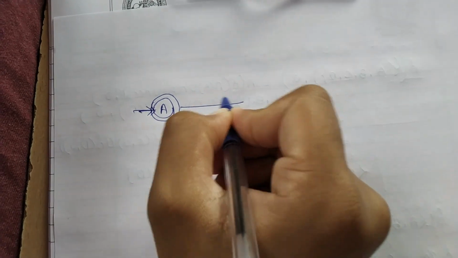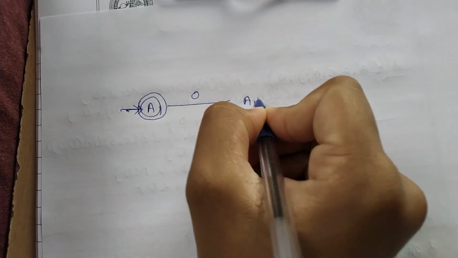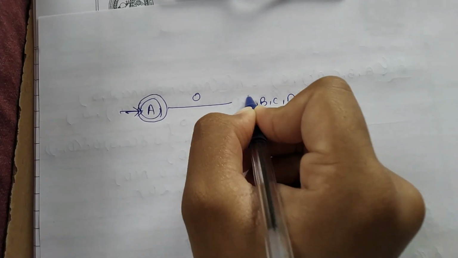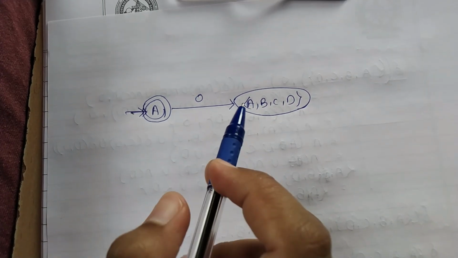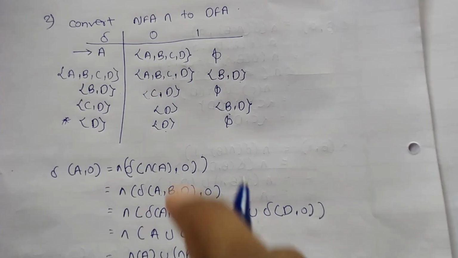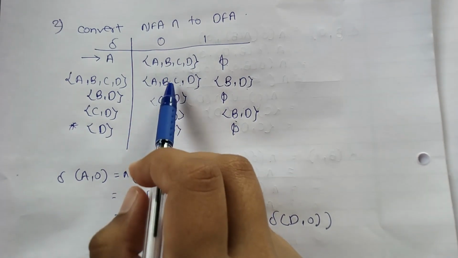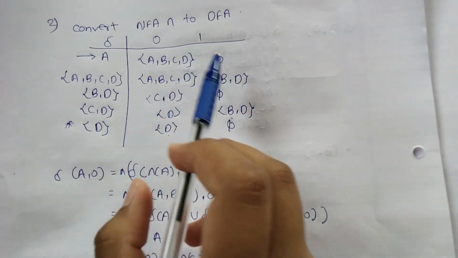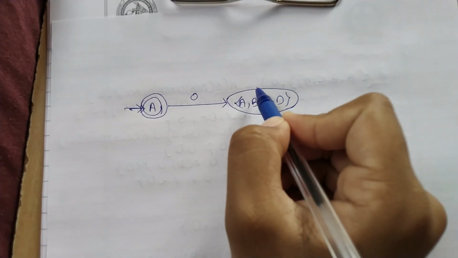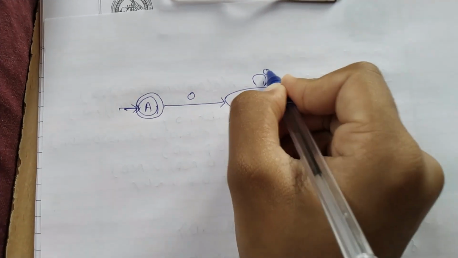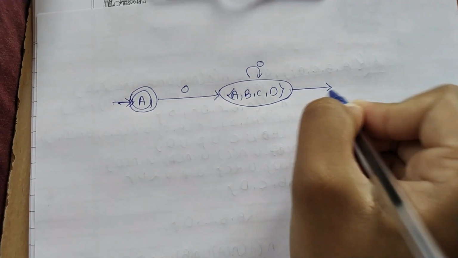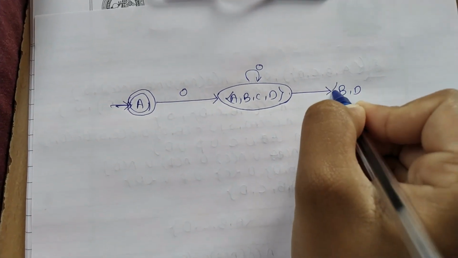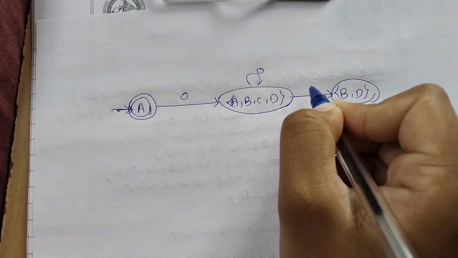Now this reads 0 in A, B, C and D. This is the one state, and 1 is not read by any state for A. Now this ABCD reads 0 in ABCD and 1 in the BD state. So 0 is read by itself, because this is also ABCD, and 1 is read in BD. So B and D is the other state where we read 1.